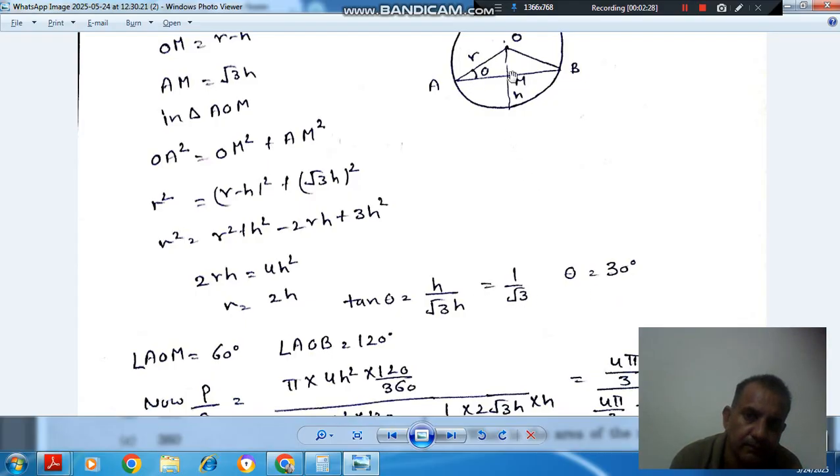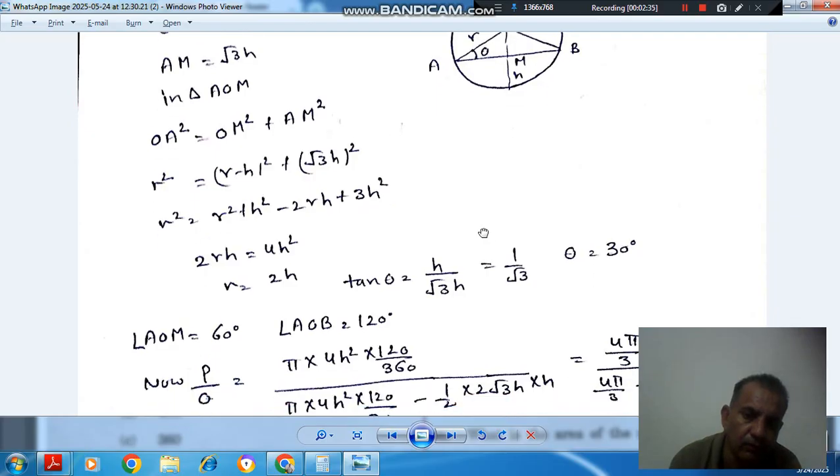If this is 30 degrees and this is 90 degrees, this will be 60 degrees, and the whole angle AOB will be 120 degrees.